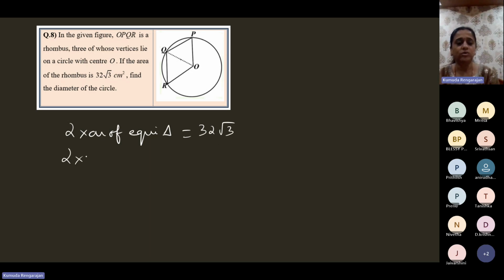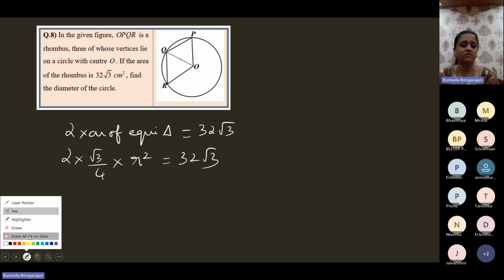So 2 into root 3 by 4 into side square. We have to find the diameter, so we don't know the side. The side is nothing but the radius. 2 into root 3 by 4 into radius square is equal to 32 root 3. So when you work this, you can find the radius of the circle, double that to get the diameter.